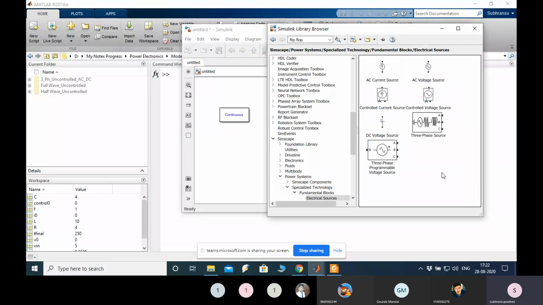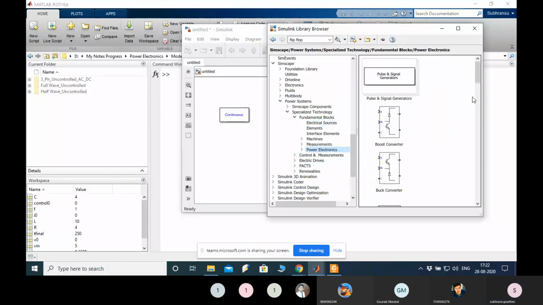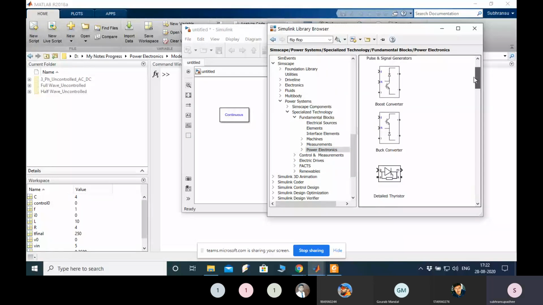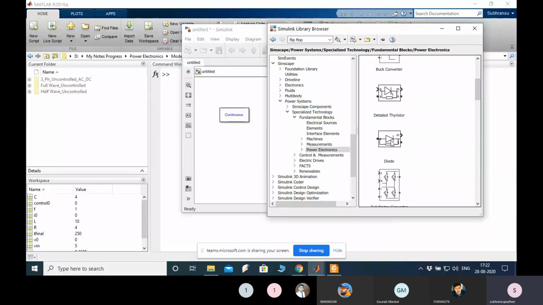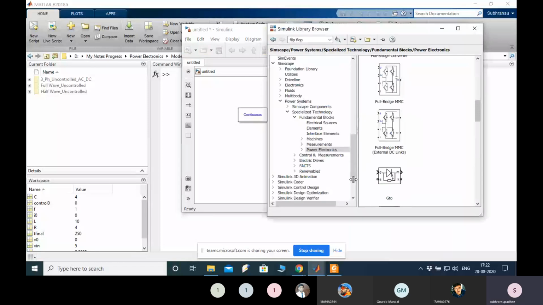Then go to the power electronics. Here you can directly find a diode, as simple as that. Then go to elements.